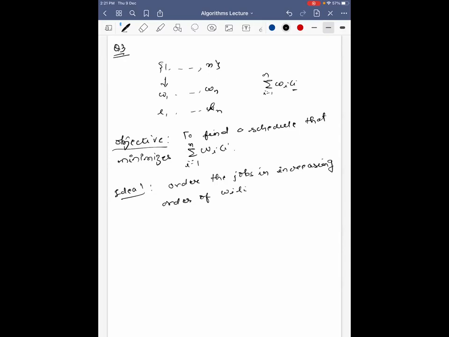So we try to find a solution in a greedy approach. That's a greedy algorithm. So in a greedy algorithm, you make decisions which are in some sense locally optimal.